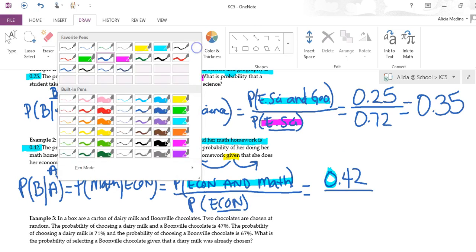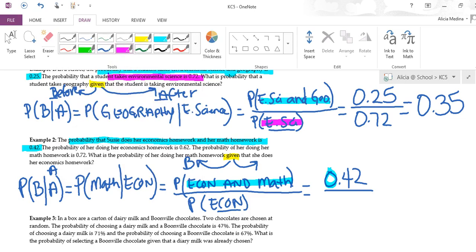The probability of her doing econ homework is 0.62, or the probability of doing math is 0.72. But I don't really care about the math one. I only need econ. So that's going to be 0.62. Go ahead and divide these out, and you simplify, and you get 0.68.